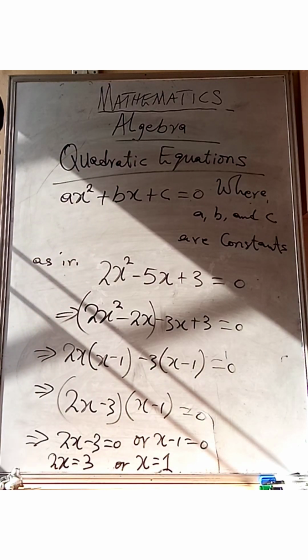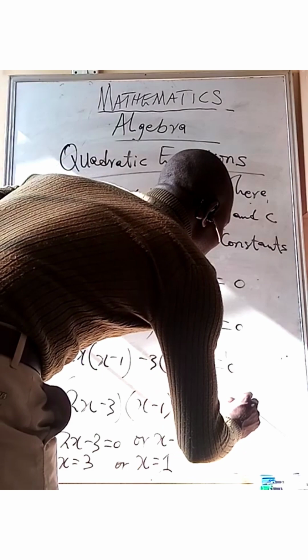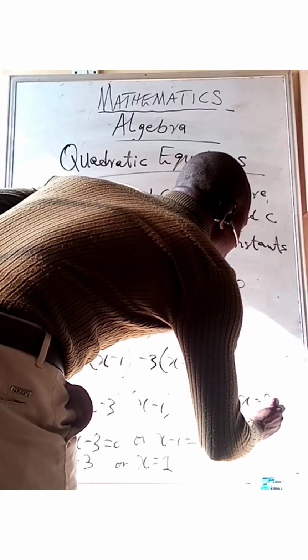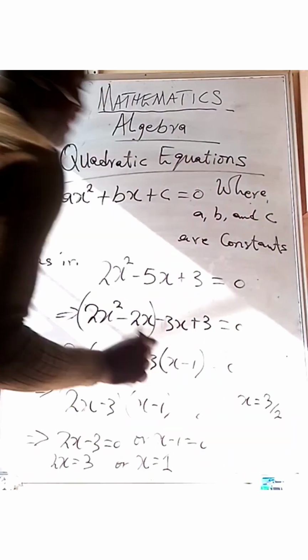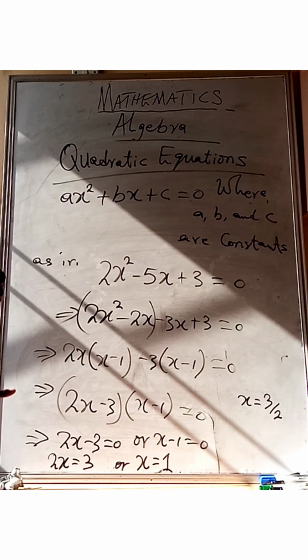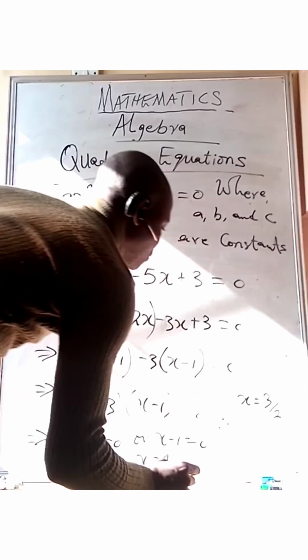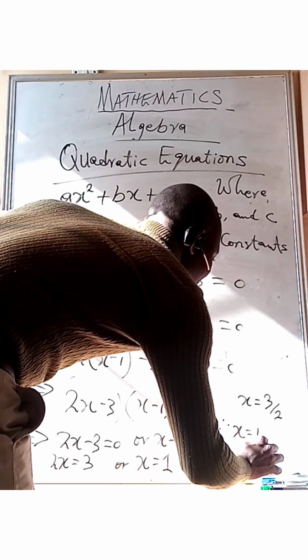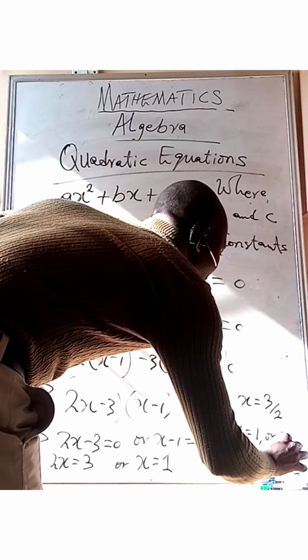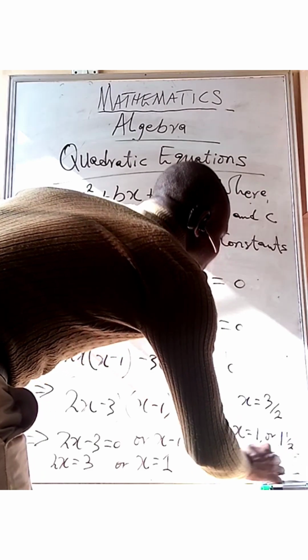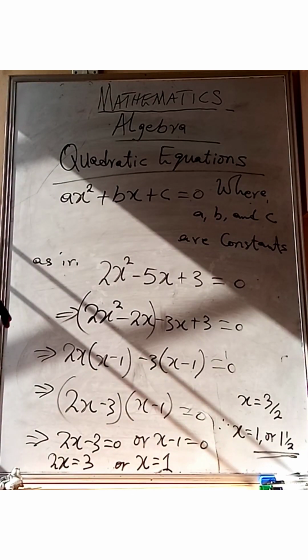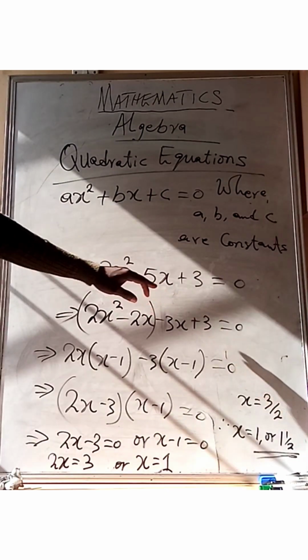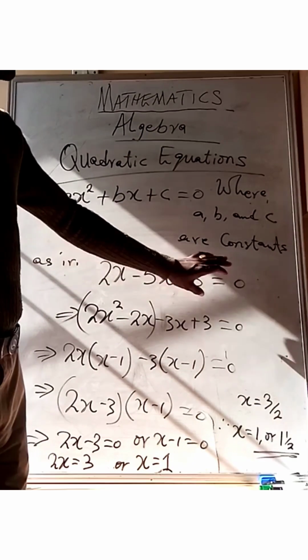If 2x is equal to 3, then x will be equal to 3 over 2. Like I said, there are usually 2 values for x. Therefore, for this equation, x is equal to 1 or 1.5. These are the 2 values of x which, when substituted into this, the whole equation will add up to 0.